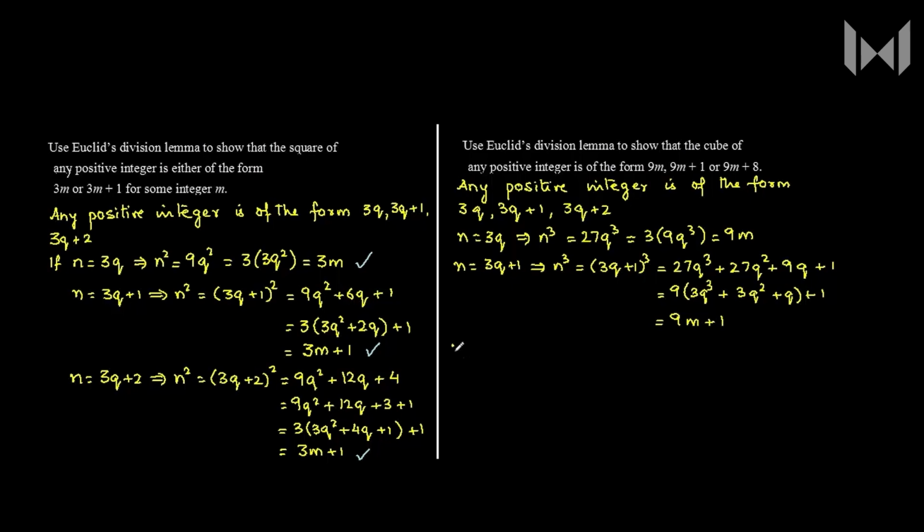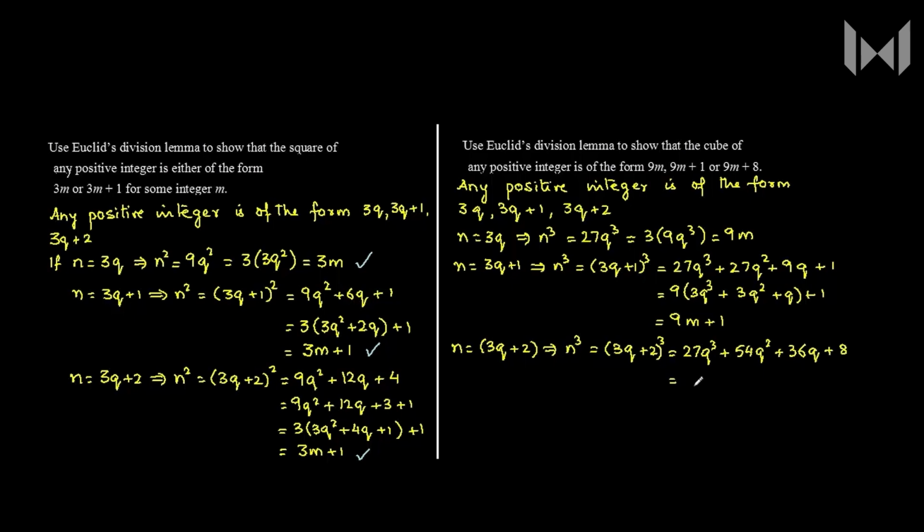And once again, n is equal to 3q plus 2, which gives n cube is equal to 3q plus 2 the whole cube. That's once again a cube plus 3a square b plus 3ab square plus b cube. So 27q cube plus 54q square plus 36q plus 8.